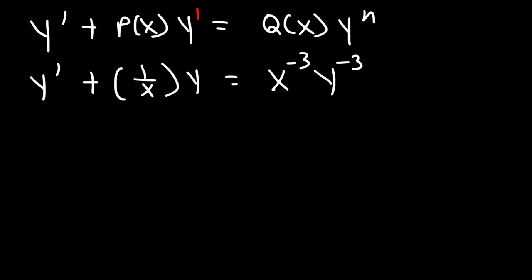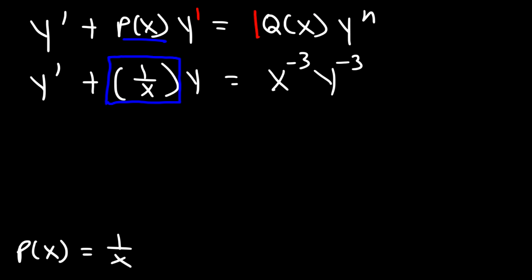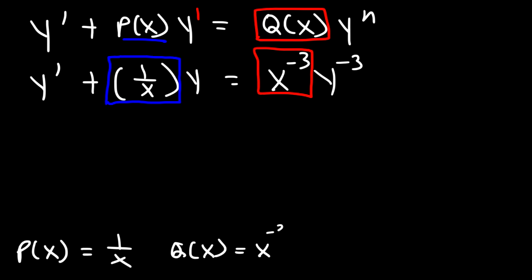Our next step, as usual, is to identify p of x, which we could see is 1 over x. And then we need to identify q of x, which is x to the negative 3. And then n, we can see that n is negative 3.